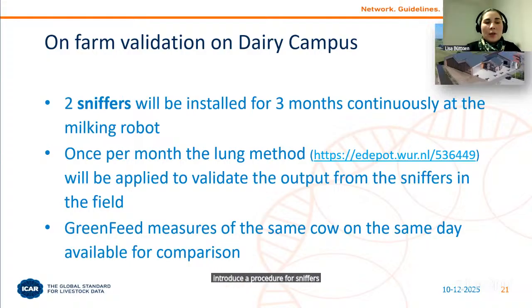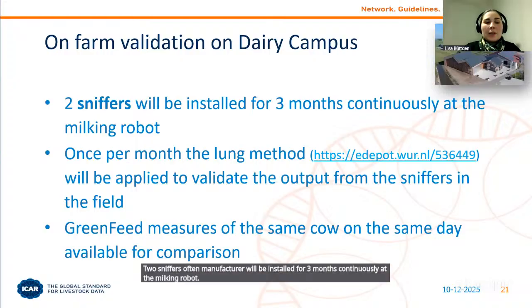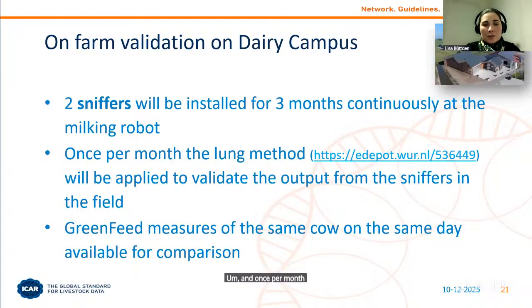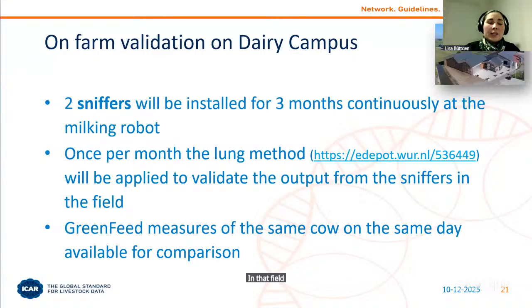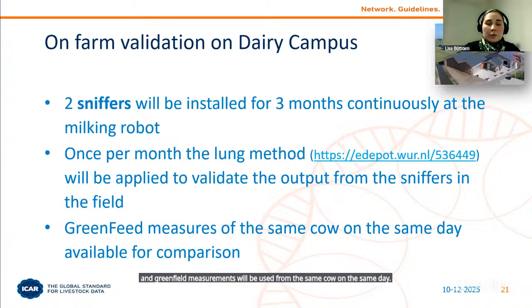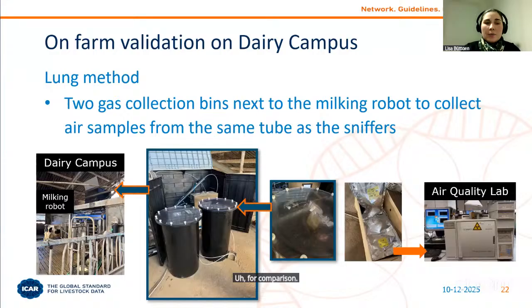So 2 sniffers of a manufacturer will be installed for 3 months continuously at the milking robot. And once per month, the lung method will be applied to validate the output from the sniffers in that field test. And green feed measurements will be used from the same cow on the same day for comparison. Now, what's the lung method?